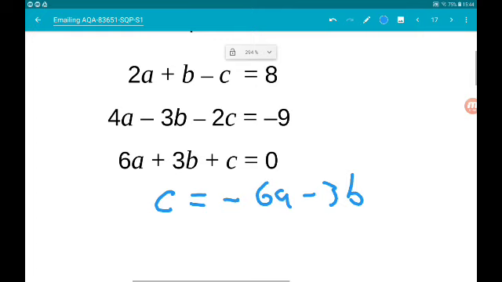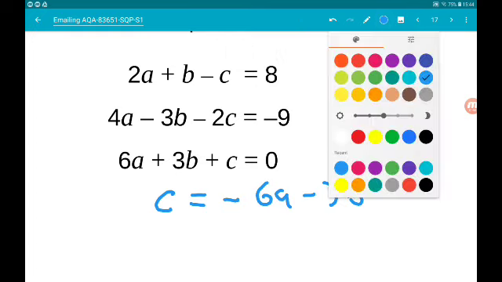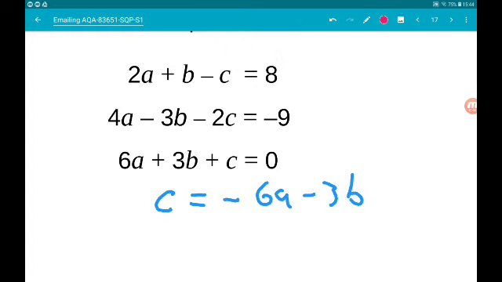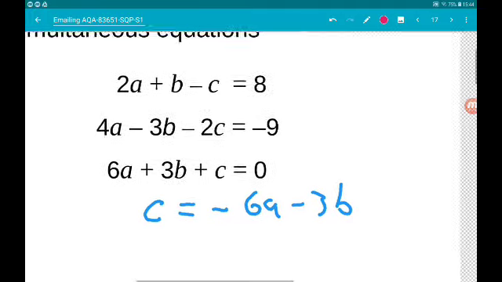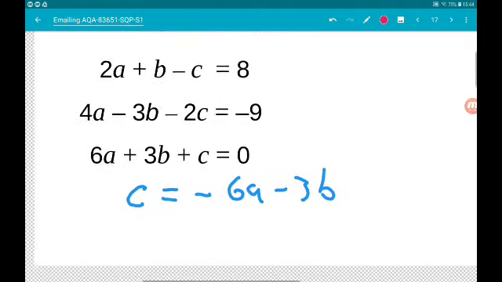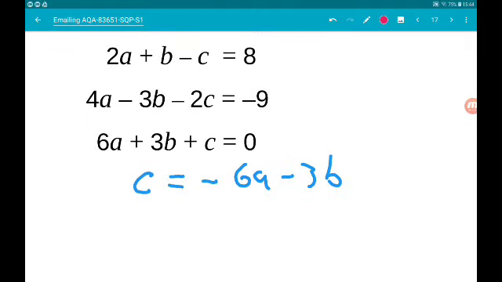Now we're going to rewrite equations 1 and 2 using that substitution. So we got 2a add b minus c.